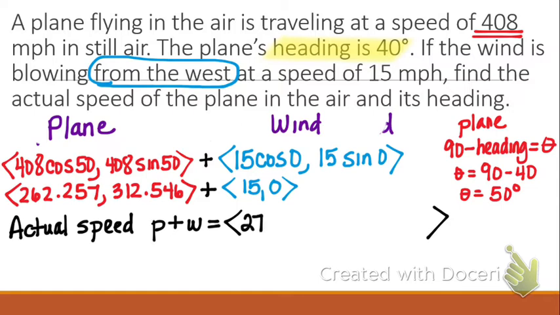And when you add, you should get 277.257 and 312.546. So using this vector, find your magnitude and your direction. So using that, go ahead and find the magnitude.